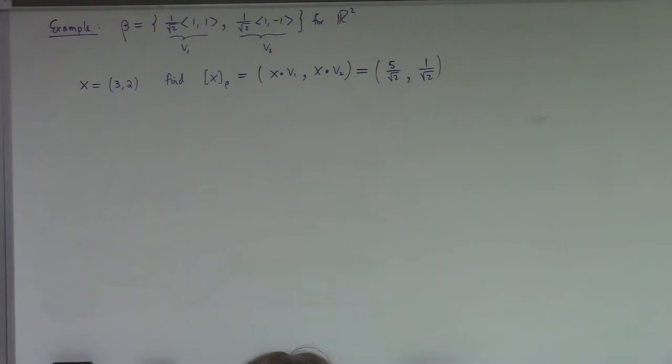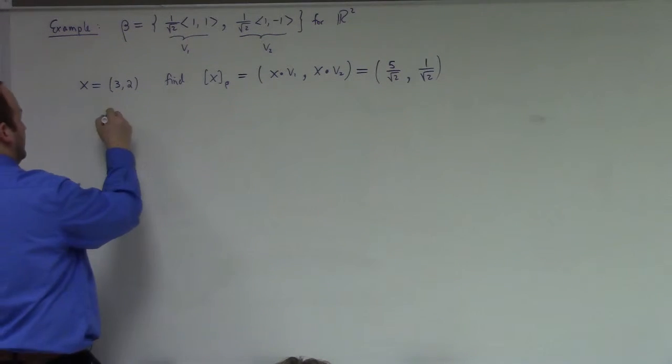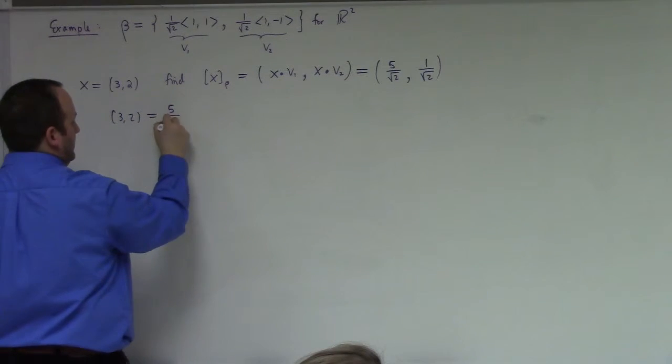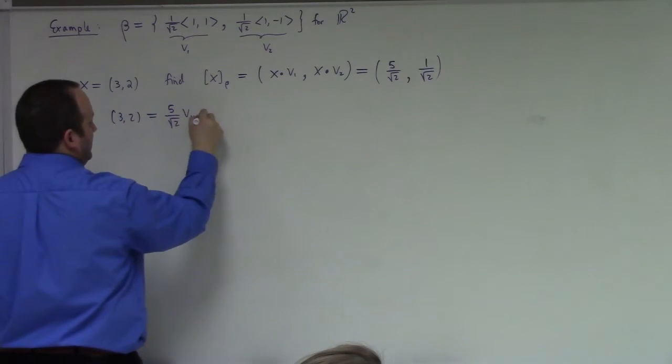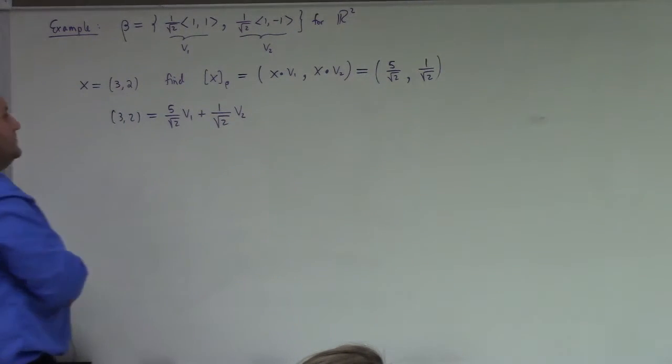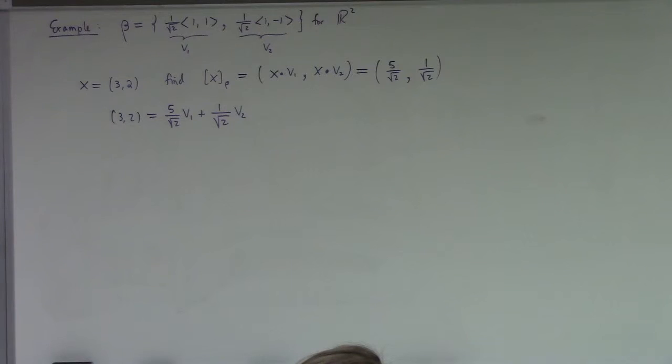And you can check, right? Is it the case that (3, 2) is really equal to 5 over root 2 times v1 plus 1 over root 2 times v2? Is that true? I get 6 over root 2 squared, which is 3 for the first component when I work it out in my head.